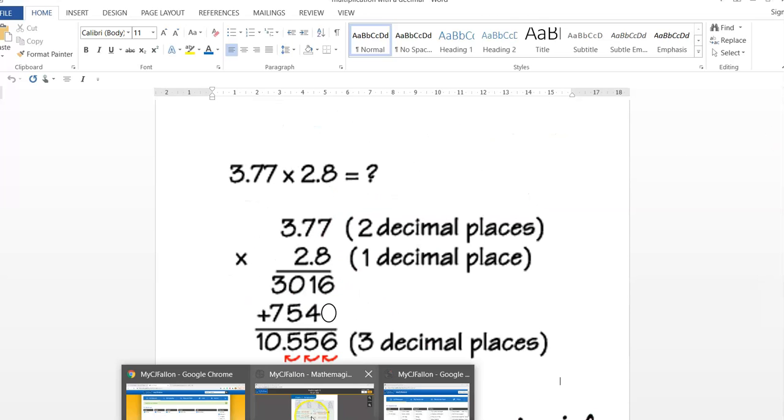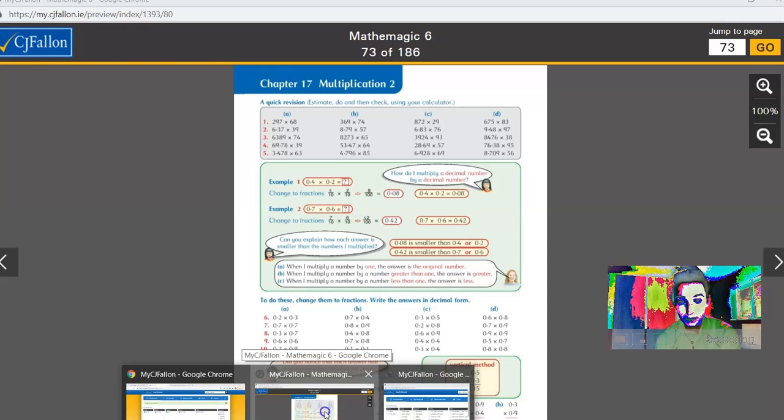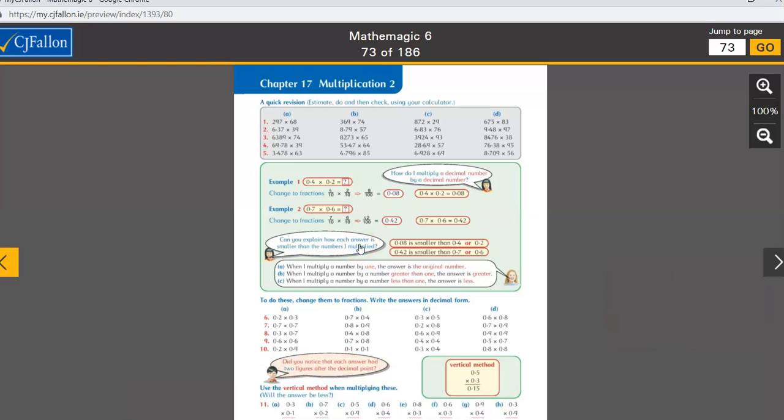Then task 2 on Tuesday, you're doing page 73. I'm getting you to do question 1 and 4, so just question 1 and just question 4, and just do B and C only. Okay, it's just kind of to get your mind back thinking about long multiplication. That's just a bit of revision.